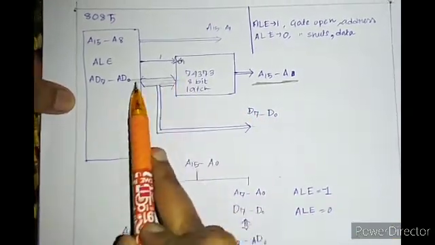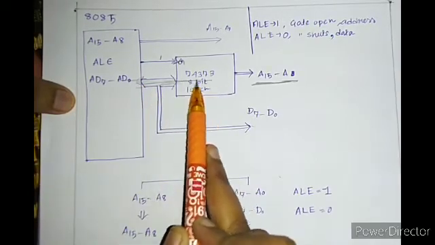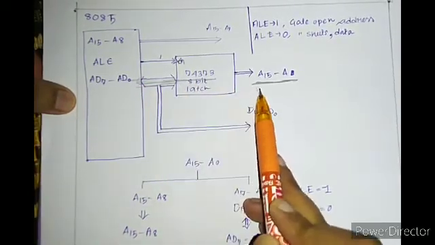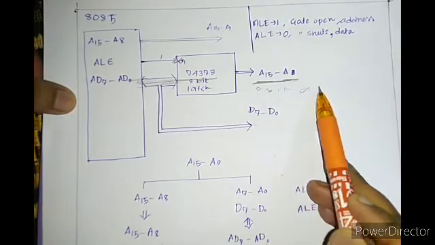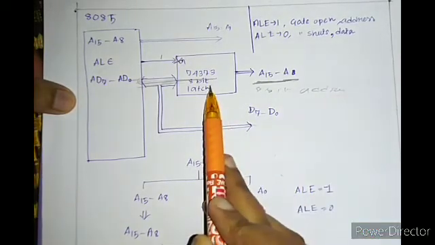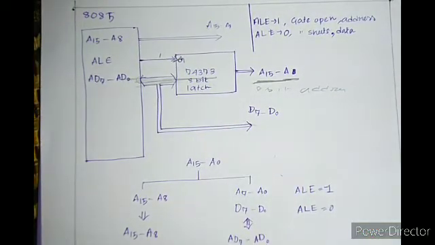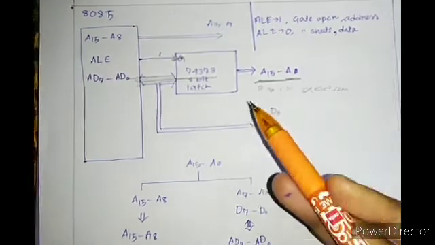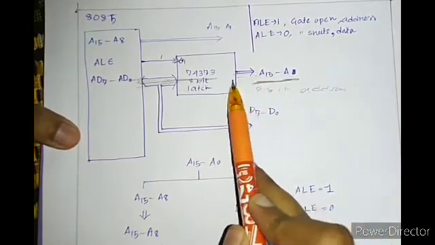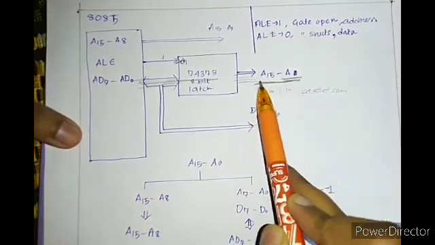When this is 1 and it is coming into this latch, this 8-bit address gets stored here. Am I clear? This will get stored, and now this will release the lower address A0 to A7.